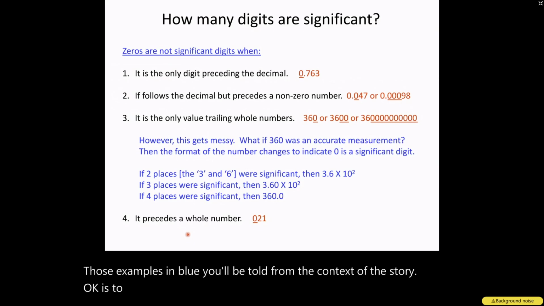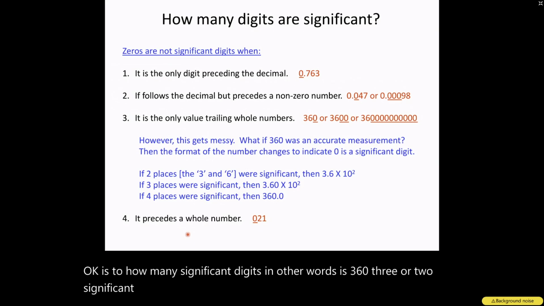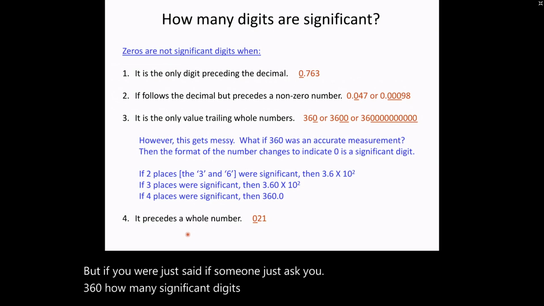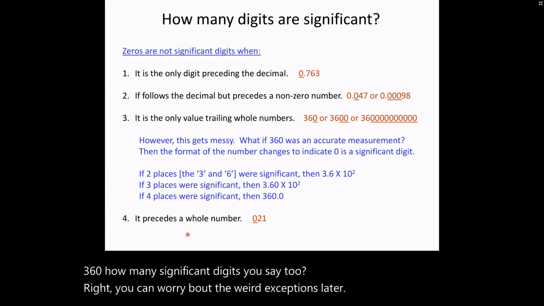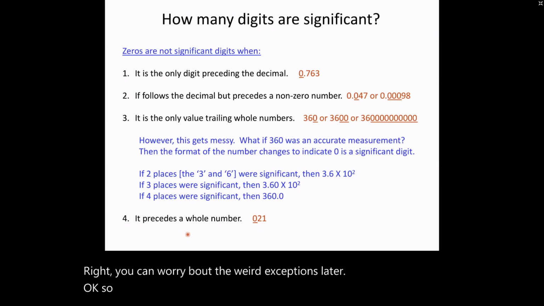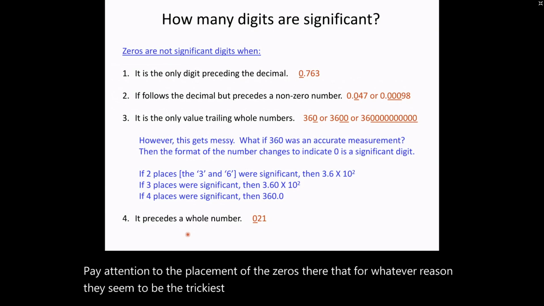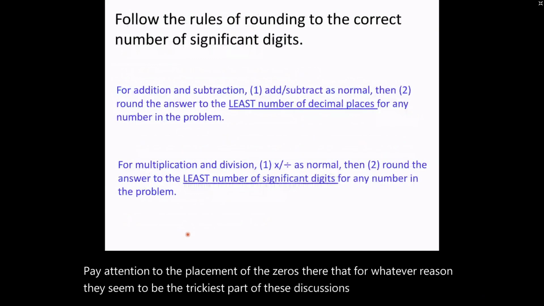In other words, is 360 3 or 2 significant digits? But if someone just asked you, 360, how many significant digits, you'd say 2, right? We'll worry about the weird exceptions later. So use your 3 rules. Pay attention to the placement of the zeros. For whatever reason, they seem to be the trickiest part of these discussions in determining the number of significant digits.